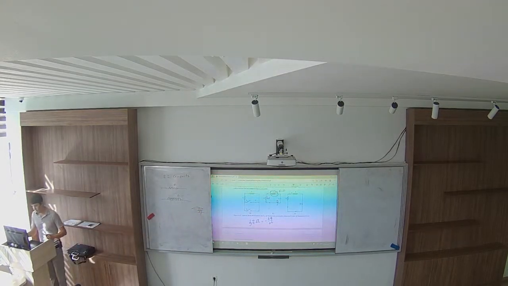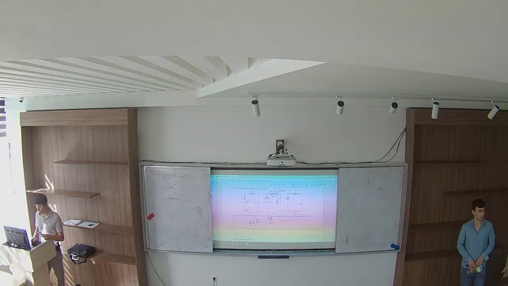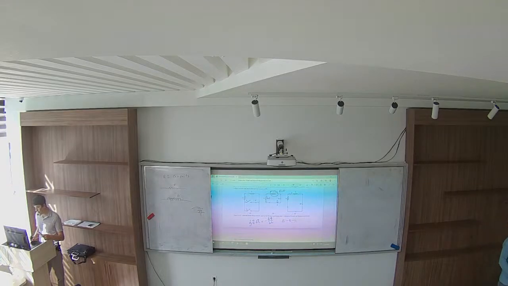So the left side will equal, with the current flowing in this direction, E, the EMF of the power supply, minus the voltage drop of the inductor, which is 0, minus the voltage drop of the resistor, I times R, equals minus L di dt, right?